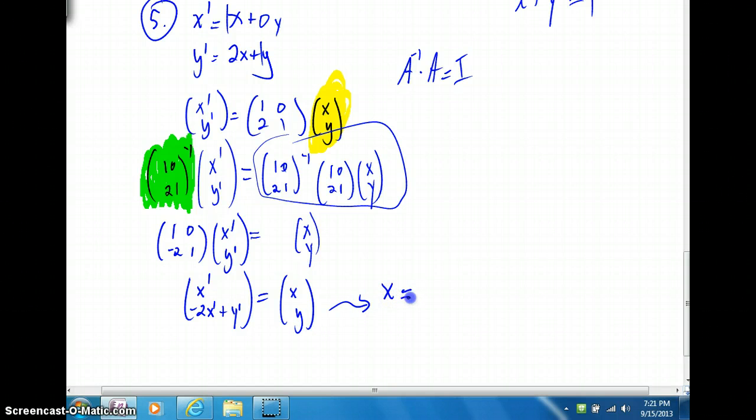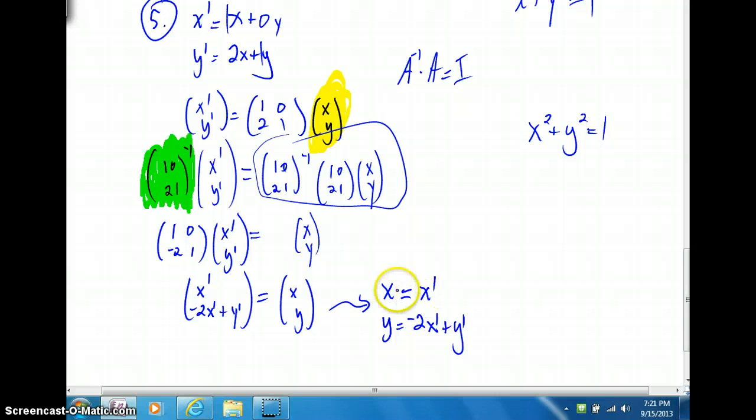We can say x is equal to x prime, and we can say y is equal to negative 2x prime plus y prime. Well, we are investigating what's happening to x squared plus y squared equals 1. And now I can very simply replace y and x with these primes. We have this new equation as a result.